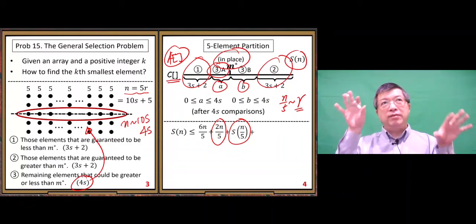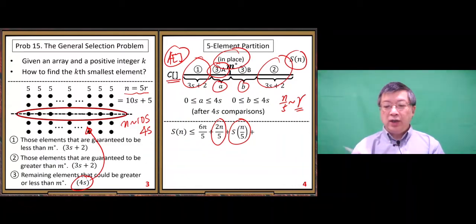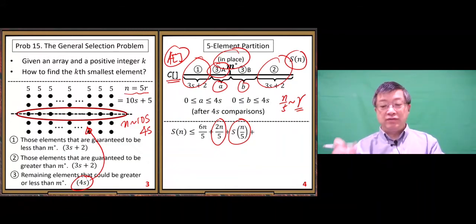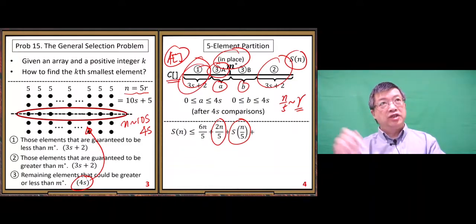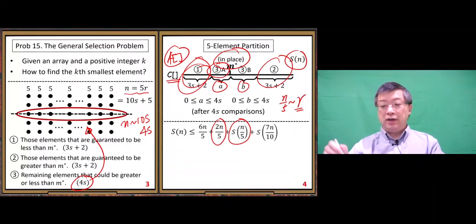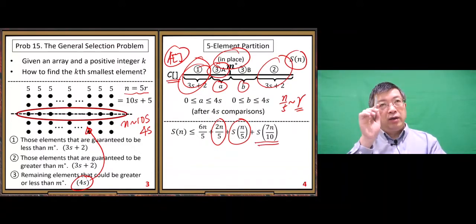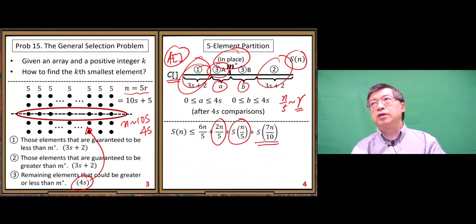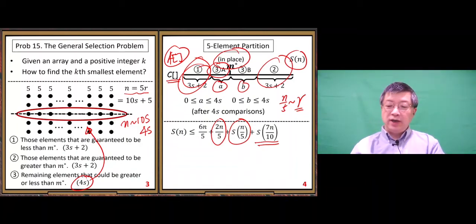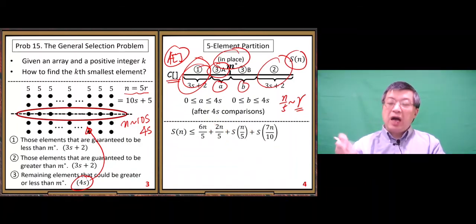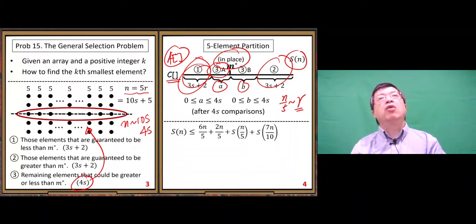One of the two can be dropped. But for the worst case, what's the size? The part you drop is 3 over 10, so the remaining is 7 over 10, 7n over 10. That's the worst-case remaining problem size. So that is our recursive inequality.